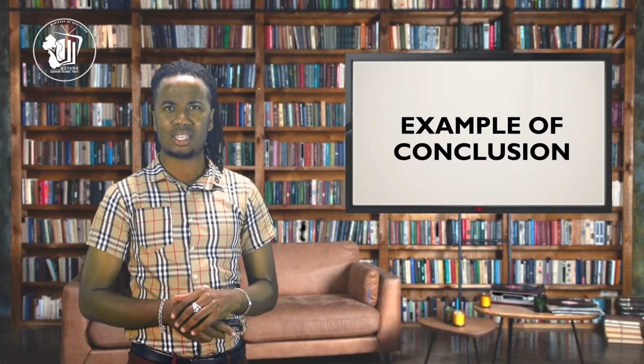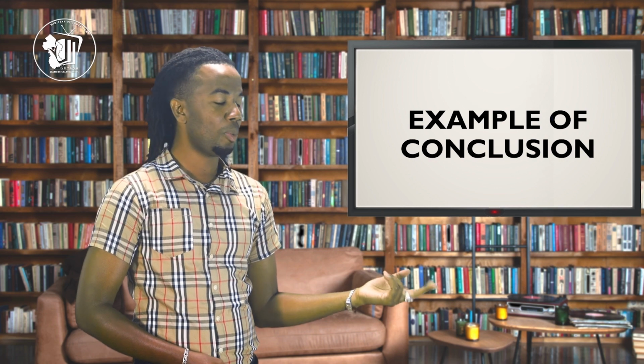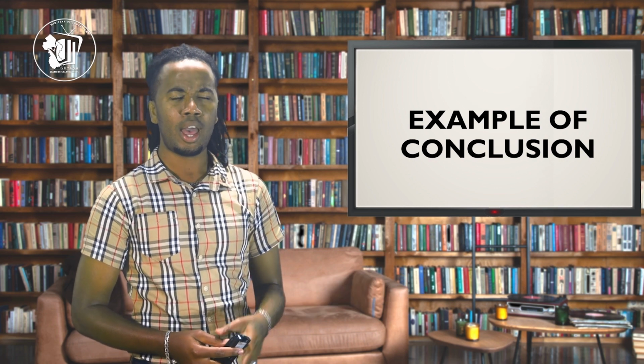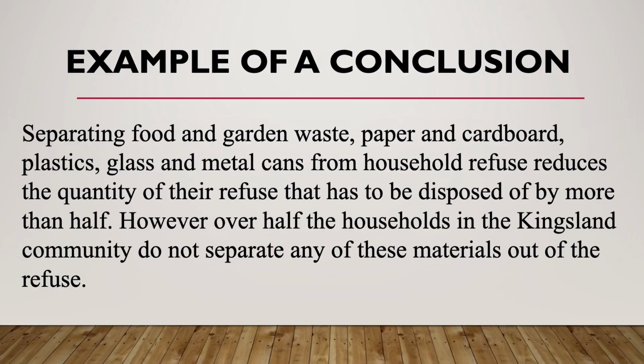Let us look at an example. Turning our attention to the screen, we provided you with an example, and you can go right ahead and read with me. It says here that separating food and garden waste, paper and cardboard, plastics, glass, and metals from household refuse reduces the quantity of their refuse that has to be disposed of by more than half.